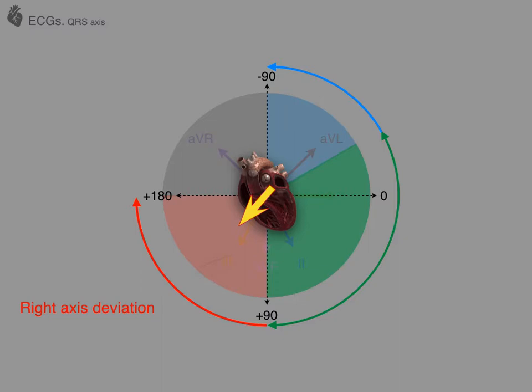Equally, if the overall activity of the ventricle shifted round to the right, then that would also potentially indicate something outside of a normal ventricular depolarization pattern.